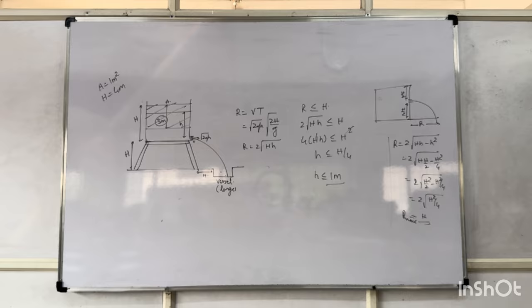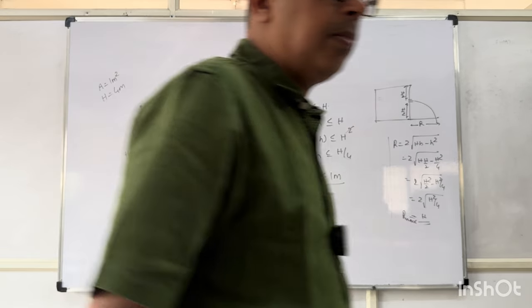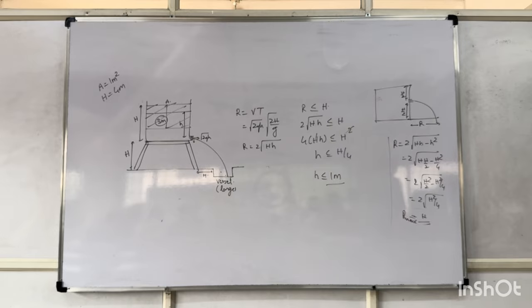Per bench at least one book. Beg, borrow, steal. Page number 26, illustration number 12.